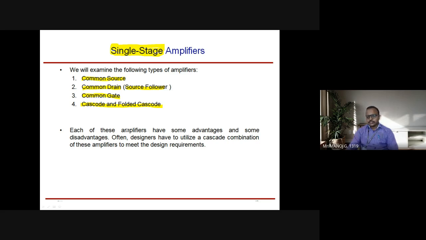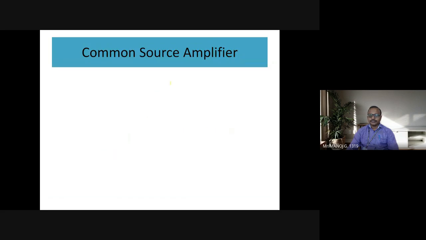There are advantages as well as disadvantages of each amplifier. We will study that in detail, as their utilization depends upon the design requirements. Please keep in mind there are four, and we will study them stage by stage. So today's class we will start with the first type of amplifier, the common source amplifier.